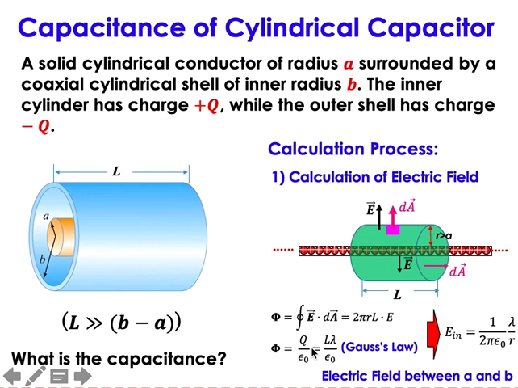Here, the total charge can be expressed by this length times the charge density lambda. This term is equal to this term, so we can obtain the result: the electric field inside the cylindrical capacitor is equal to 1 over 2 pi epsilon 0 times lambda divided by r.